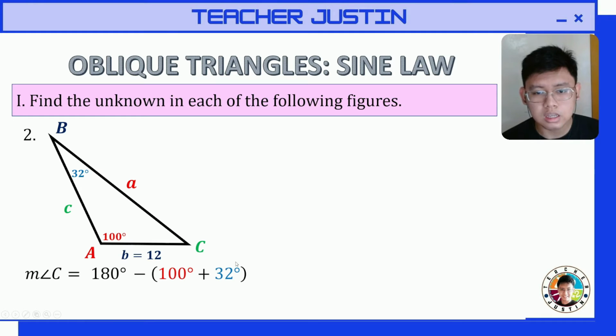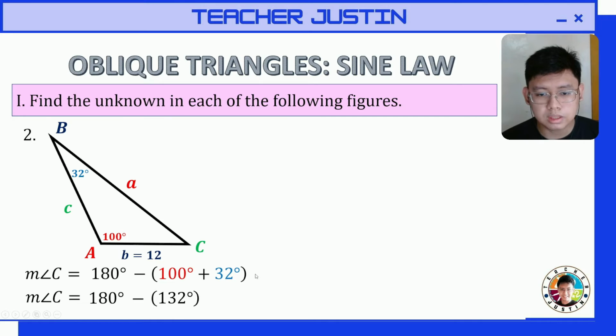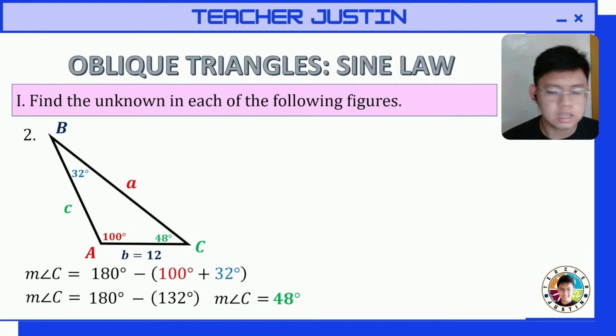So, 180 degrees minus the quantity 100 plus 32 degrees. Tapos, let's add, that will give us 132. Now, subtract natin si 132 from 180 degrees. That will give us the measurement of angle C, which is equal to 48 degrees. So, lagay natin dito yung 48 degrees.